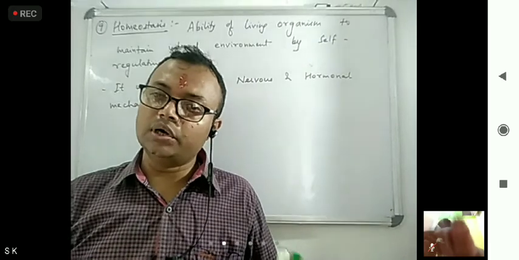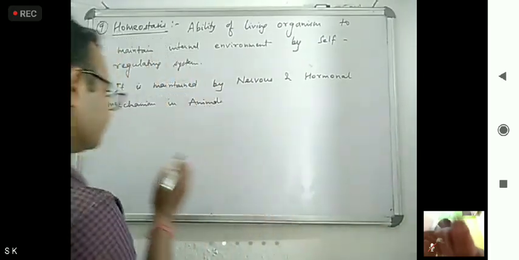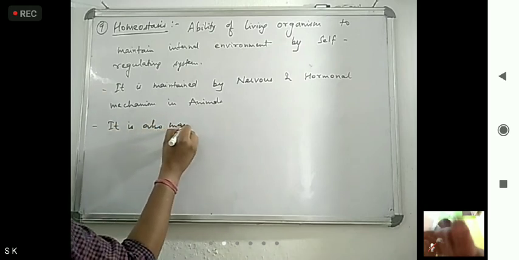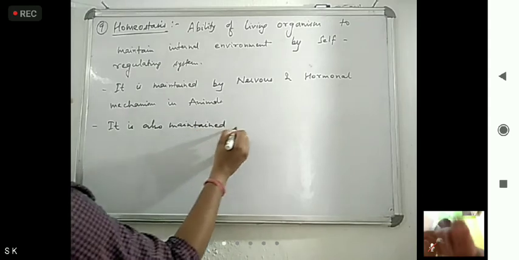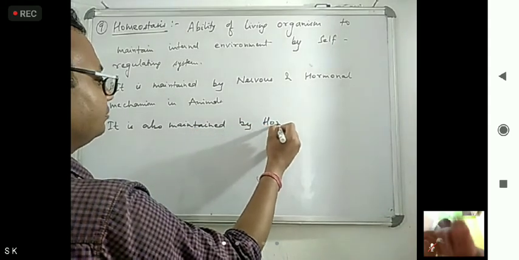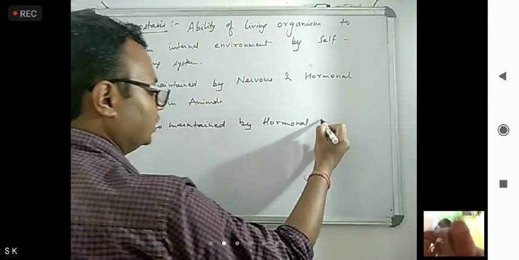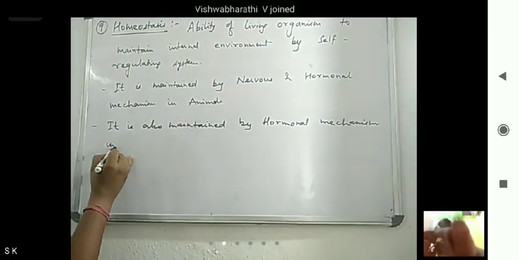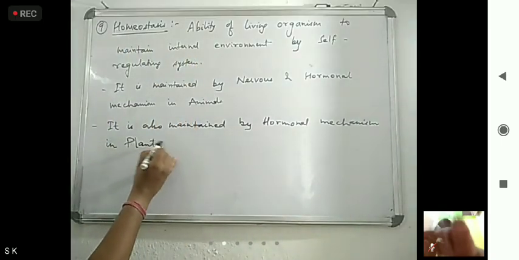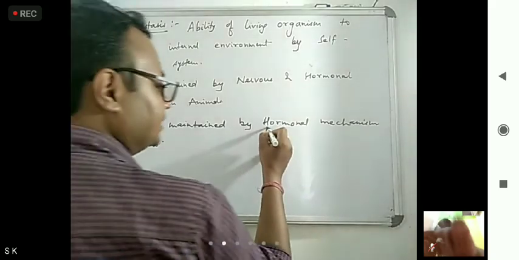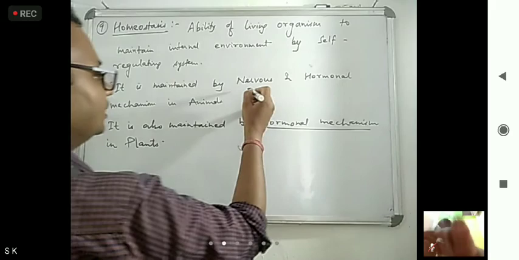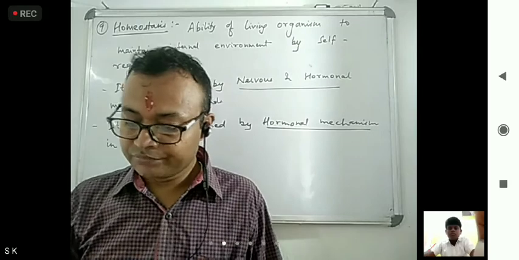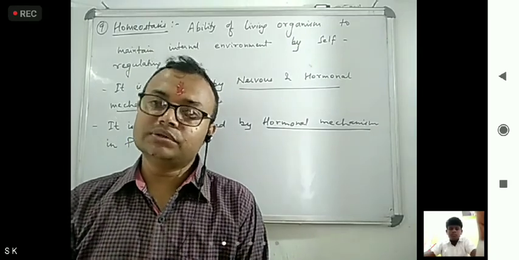So in plants only the hormonal mechanism occurs, and in animals both nervous and hormonal mechanisms occur. This is homeostasis.